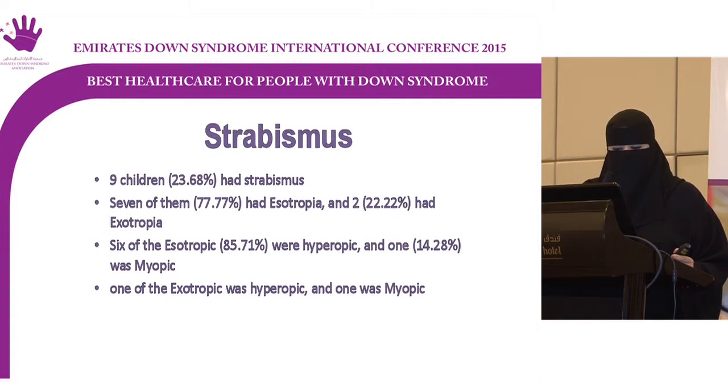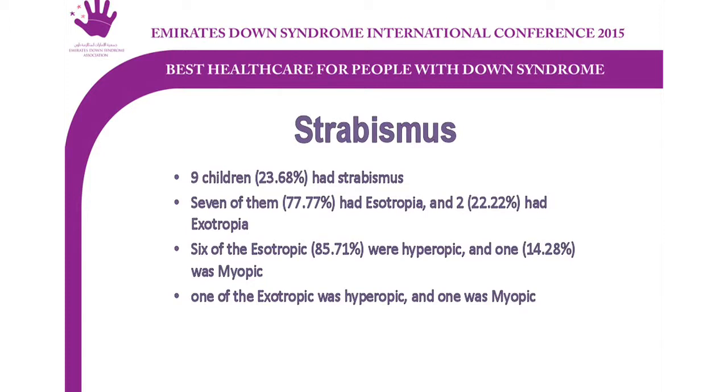In strabismus, 9 children had strabismus. It's 23.6%. 7 of them had esotropia, and 2 of them had exotropia. 6 of the esotropic patients were hyperopic, and 1 was myopic. 1 of the exotropic patients was hyperope, and 1 was myope.